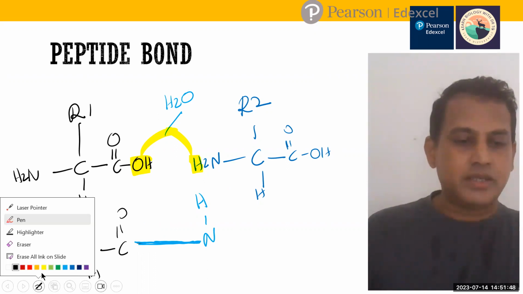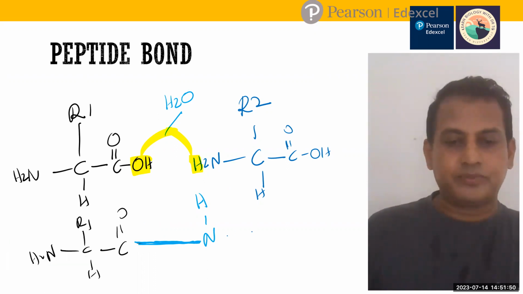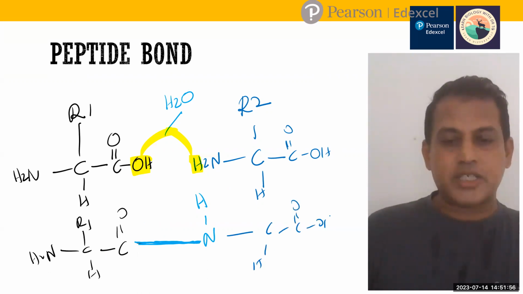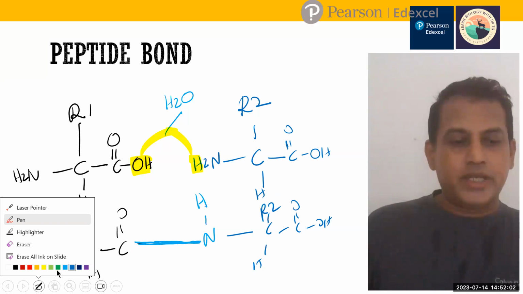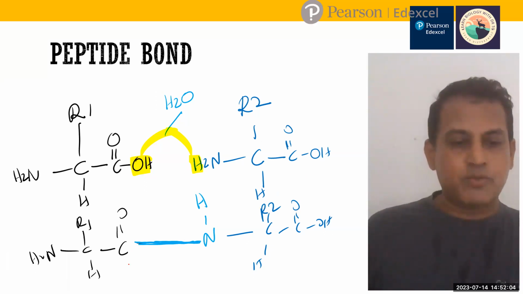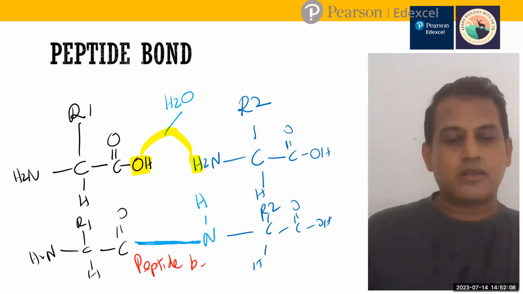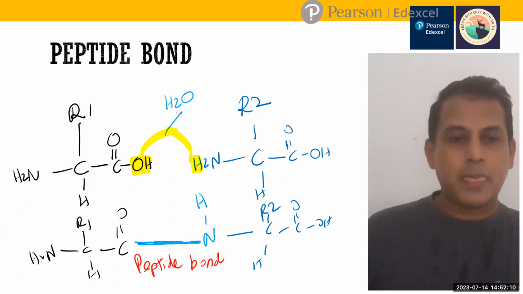And the other side, same, carbon, hydrogen, C double O H, and R2. Okay, this bond is very important now, and this bond is called the peptide bond. The reaction is called a condensation reaction.